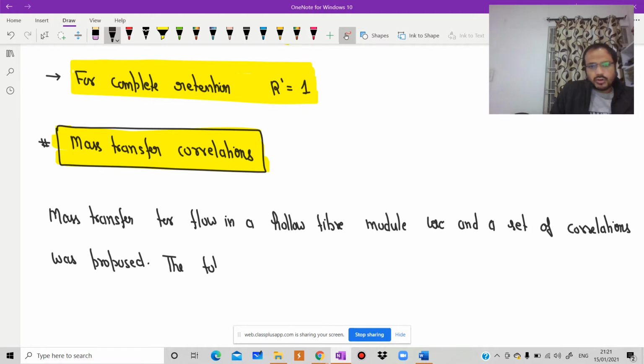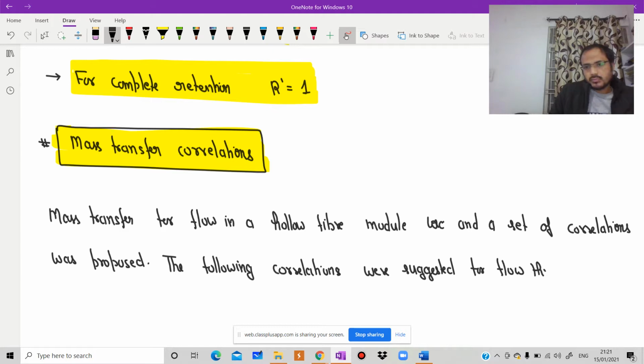We have the following correlations. The following correlations were suggested for flow through a fiber.